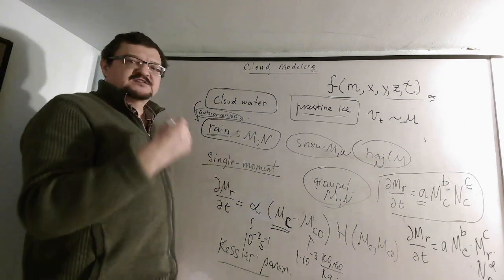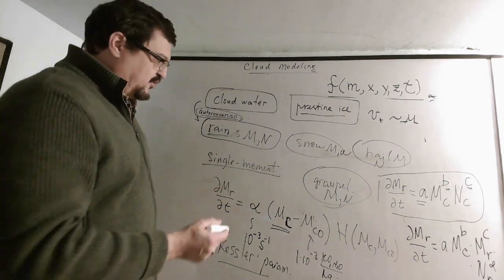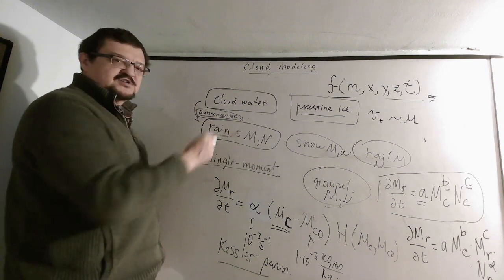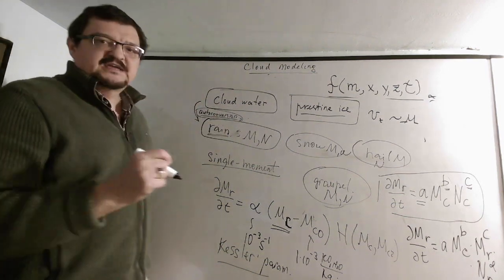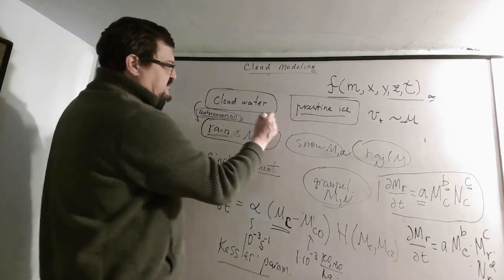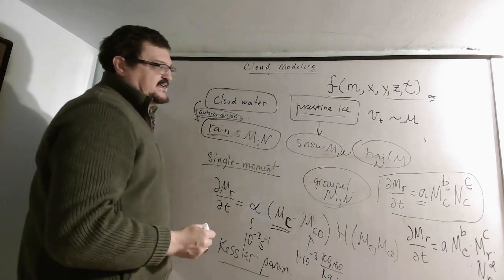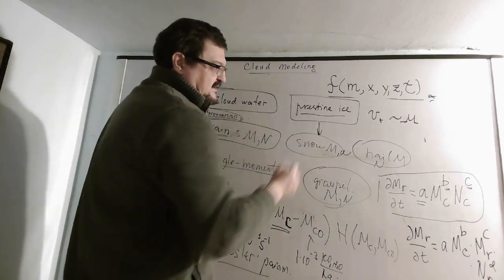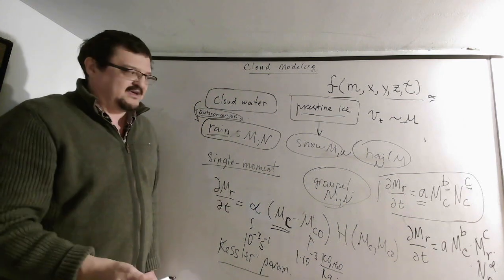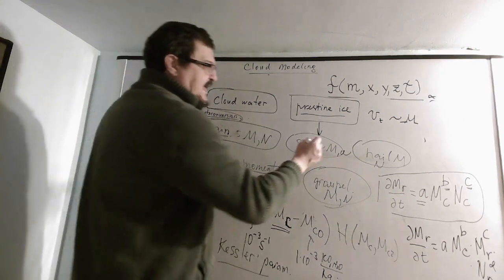And in the case of ice microphysics, there is also a process similar to autoconversion that creates snow. So some snow is created from pristine ice using some thresholds as well, for example. Or hail.